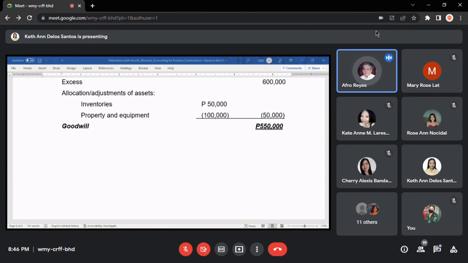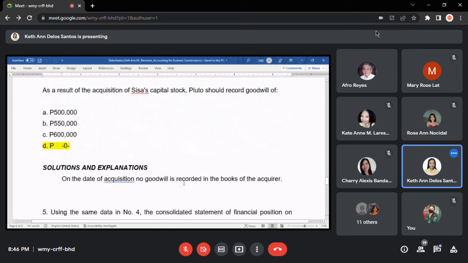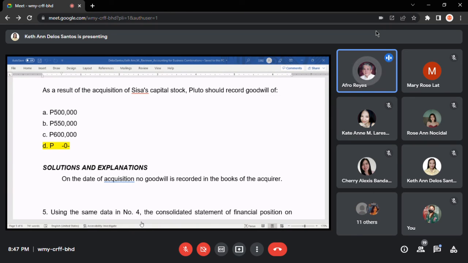Ibalik mo nga ako doon sa iyong solution, number 4. On the date of acquisition, no goodwill is recorded in the books of the acquirer. Kasi, ganito yon. At the date of acquisition, syempre, may libro ang acquirer. At meron ding libro ang acquiree.